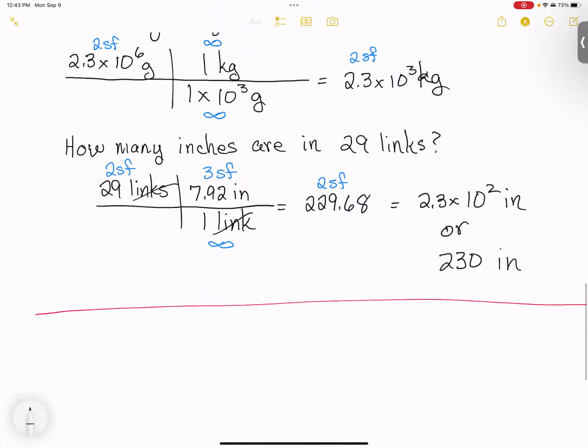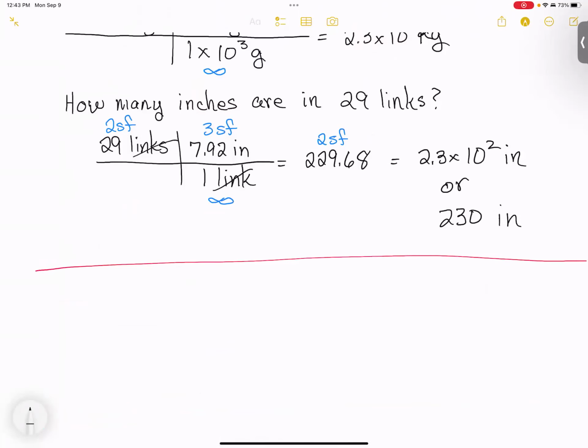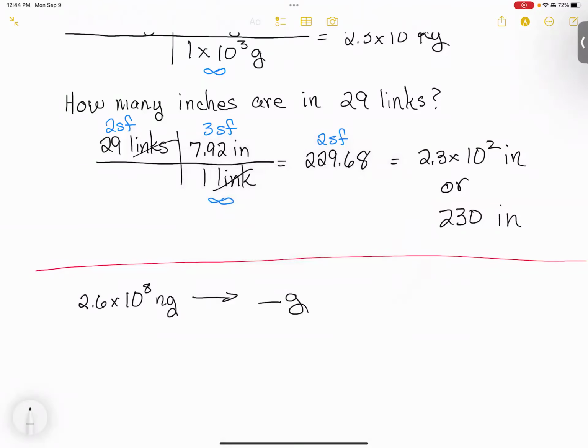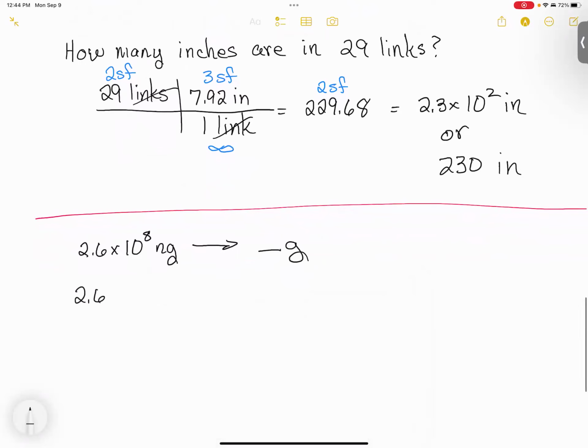So if I have 2.6 times 10 to the 8 nanograms, and I want to convert that into grams, that's what I start with.